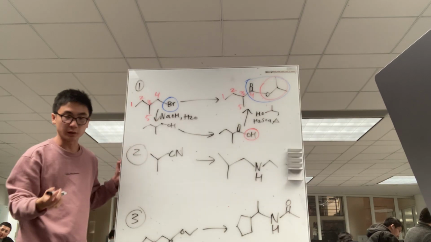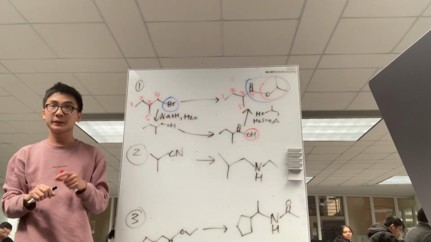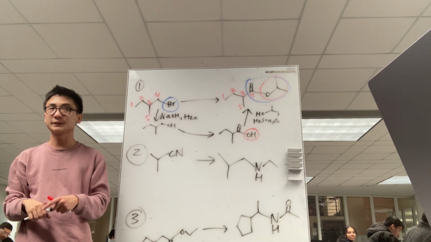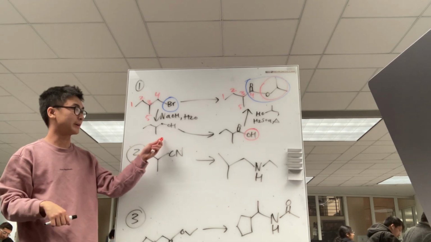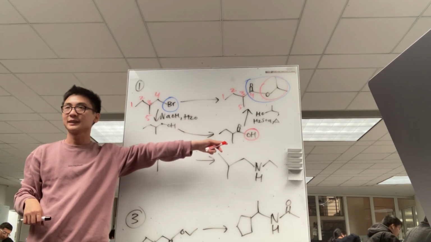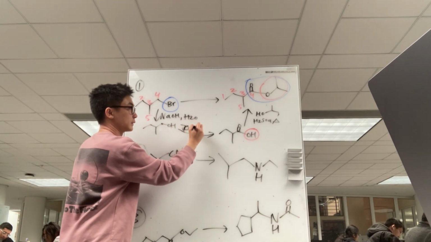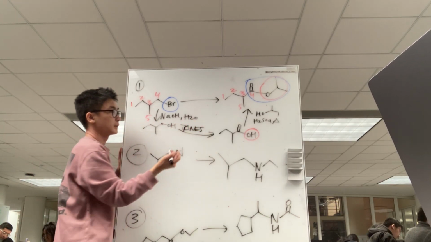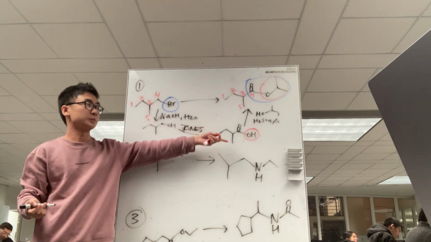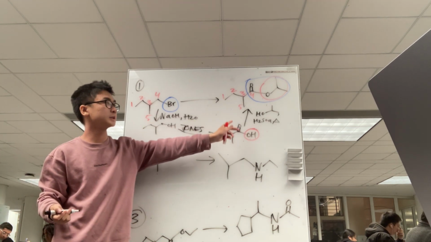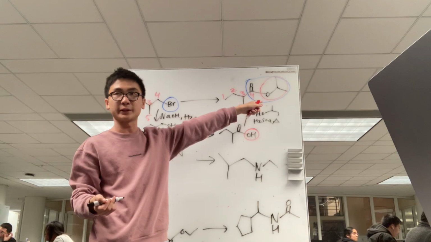So we want to use an oxidizing agent. Do we want PCC or Jones oxidizing agent to convert this primary alcohol into this carboxylic acid? Jones, right. If you use PCC, you get an aldehyde, but we don't want an aldehyde. We want a carboxylic acid to then do Fischer esterification to get the ester right there.